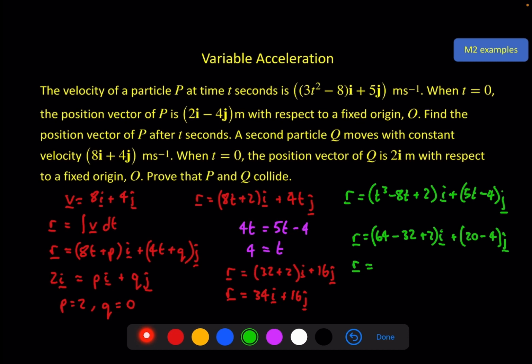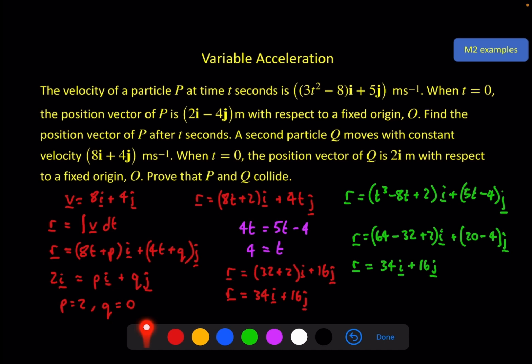And that does indeed give us the same answers, 34i plus 16j. So because they have the same position vector at the same time, they're in the same place at the same time, that means that the two particles must collide.